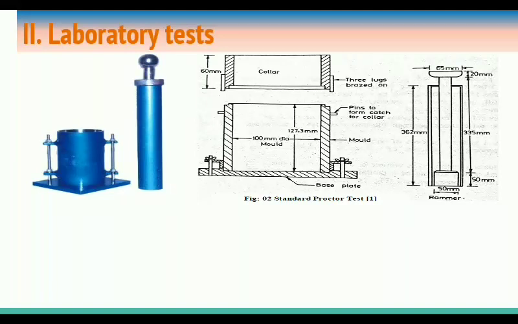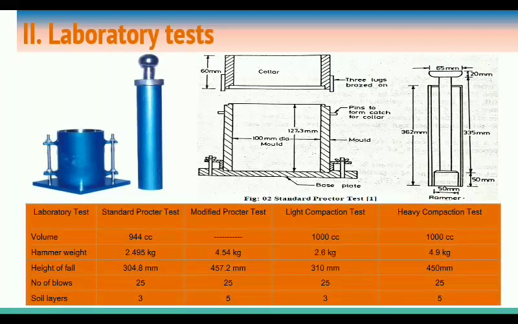Here I have discussed one laboratory test. R.R. Proctor in 1933 performed one test that is called the Standard Proctor test. He used a specification: a standard mold of 4-inch internal diameter and an effective height of 4.6 inch with a capacity of 944 cubic centimeter.